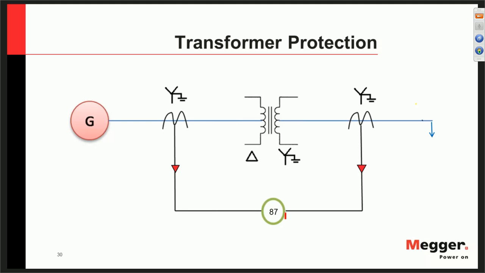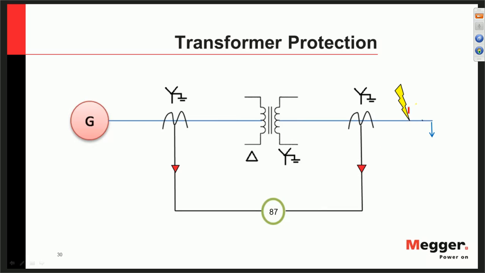Because from the differential protection, basically I'm protecting my transformer because it's a huge asset and it costs a lot. But in this scenario, there is a catch. As I said, transformer differential protection is only for internal faults. By internal, I mean that if any fault happens between these two CTs, I will protect and trip the transformer breaker.